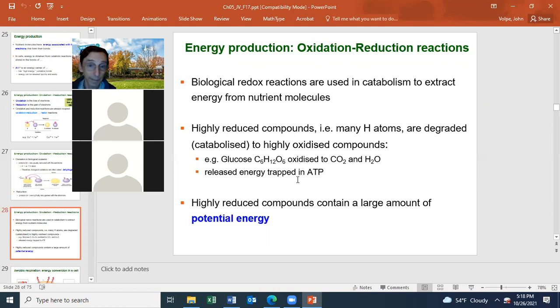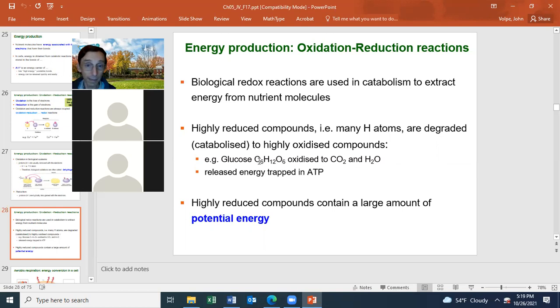So glucose, C6H12O6, has a lot of hydrogens, so it is a reduced compound. It will be catabolized into CO2 and water. We can say glucose is oxidized to CO2 and water because it loses the electrons and the hydrogen and is converted into CO2 and water.